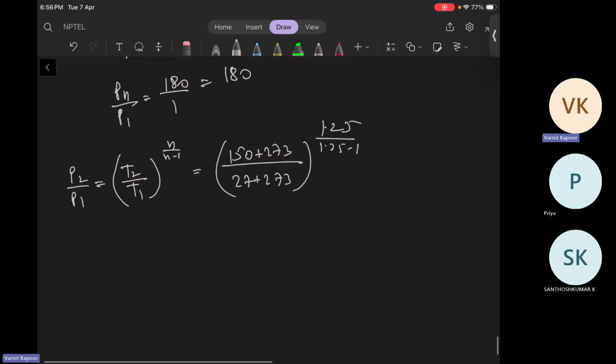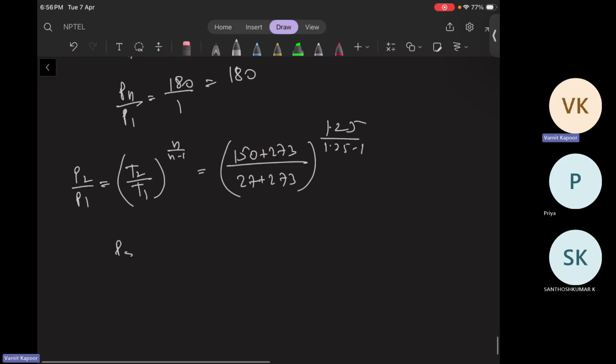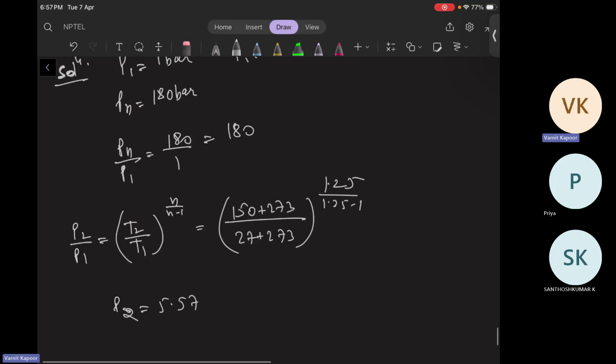So from here, you know your P1, so P2 will come out to be 5.57. Okay.